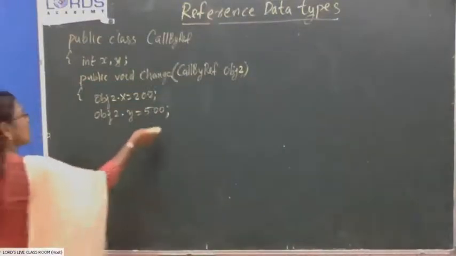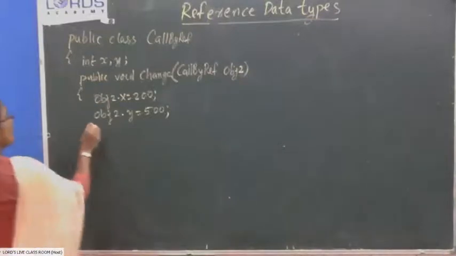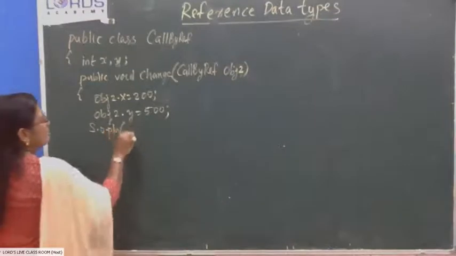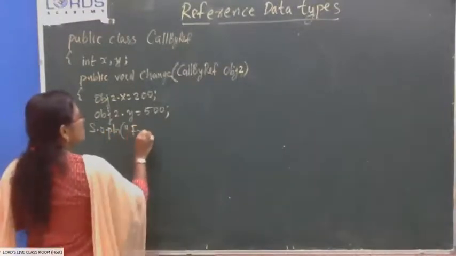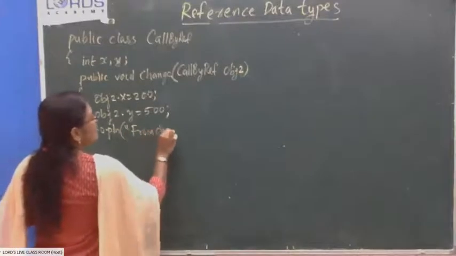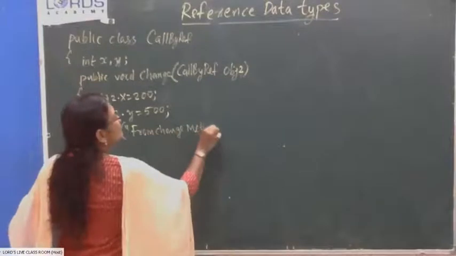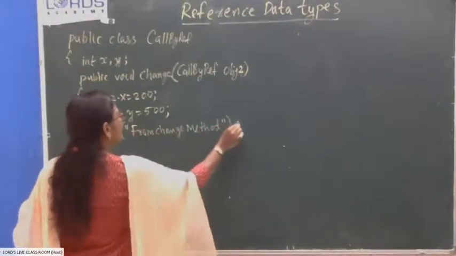So from the change method I am just displaying, with System.out.println, the value of x and y.